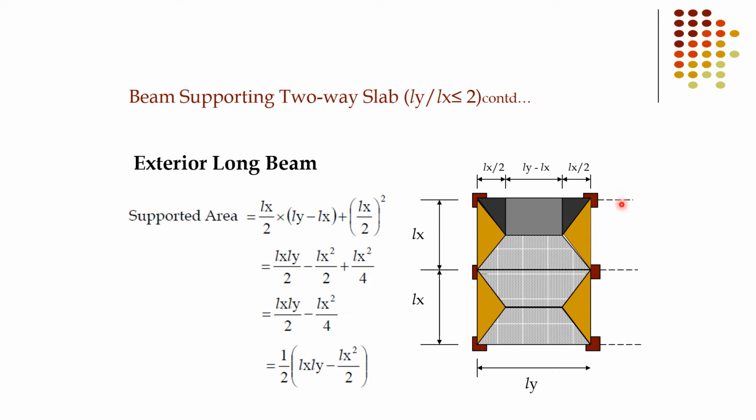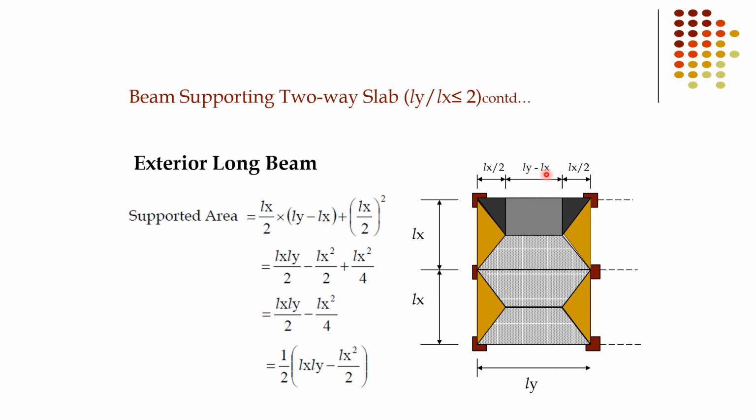Because if this length is lx, then the half length will be lx by 2, and due to the 45-degree angle triangle, this length will be lx by 2. So the remaining length will be ly minus lx, means lx by 2 from this side, lx by 2 from this side.